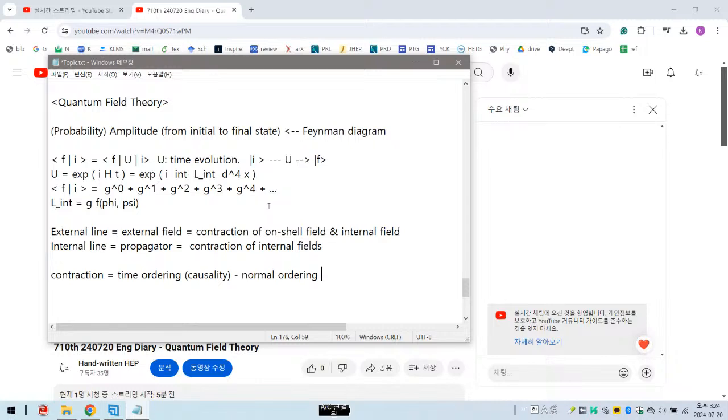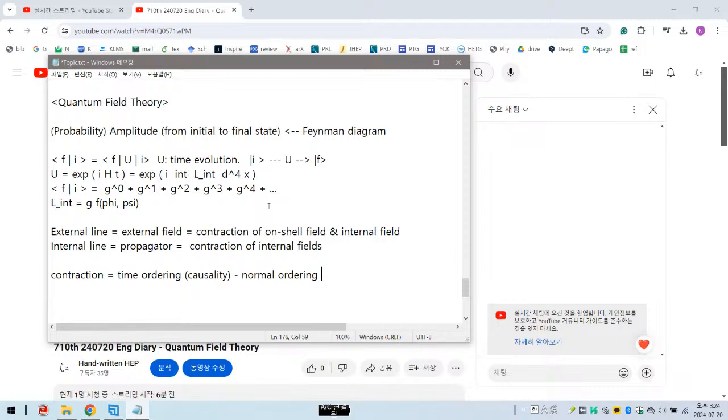So the vacuum expectation value of a normal-ordered product gives zero. There is a benefit: it lets us compute things easily.